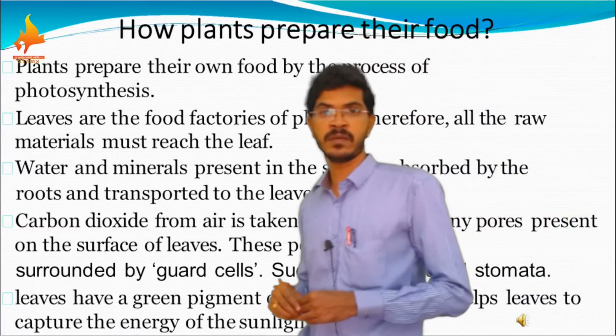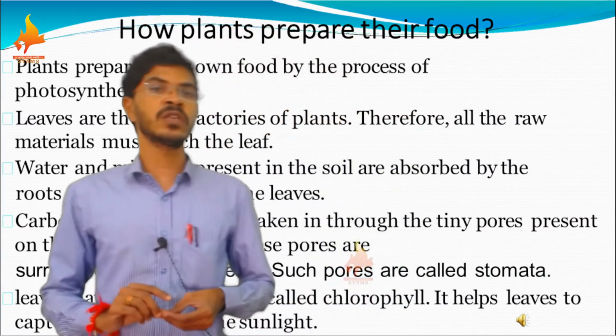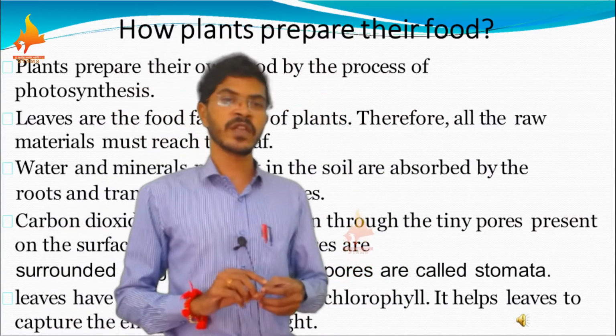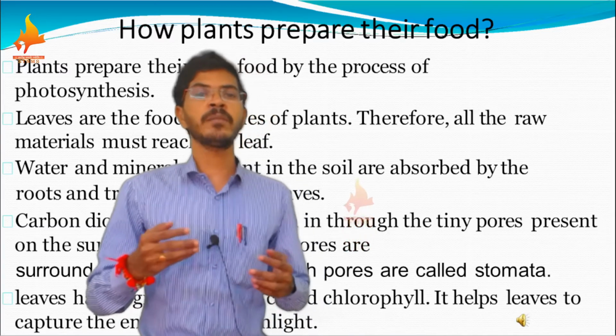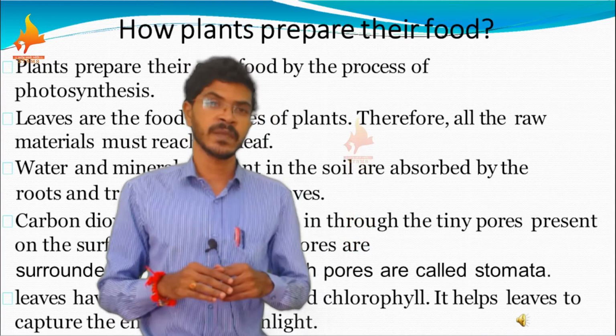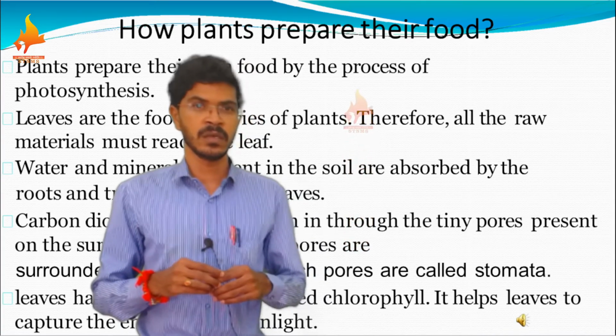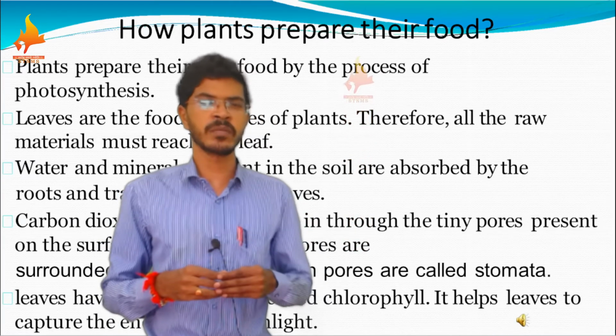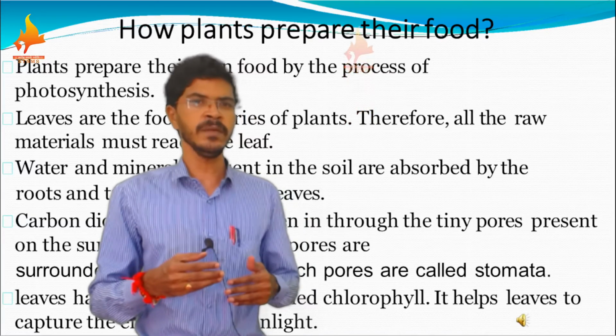in the atmosphere, which is given out during the process of respiration by the animals, including humans. Actually, even plants also give out carbon dioxide during the process of respiration.